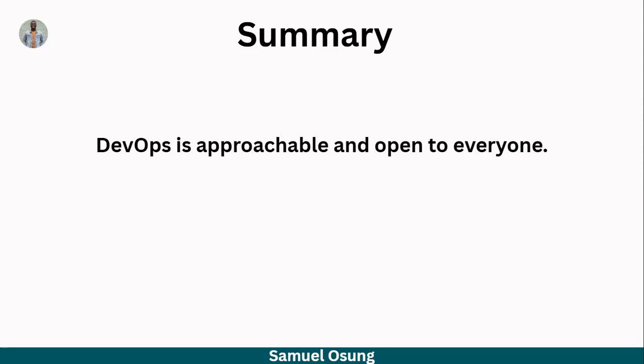So guys, if DevOps has ever felt intimidating to you, I hope this video clears that fear. DevOps is approachable, it is 100% learnable, and it is open to people from different backgrounds.